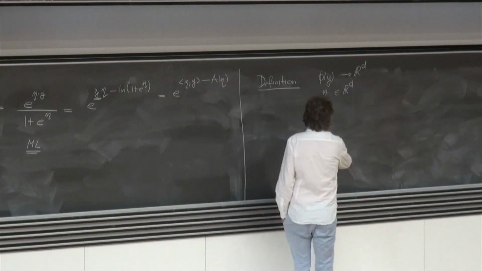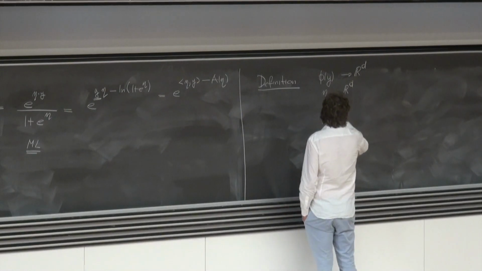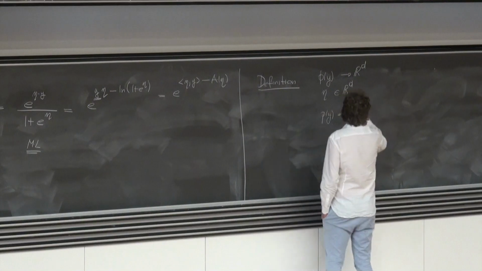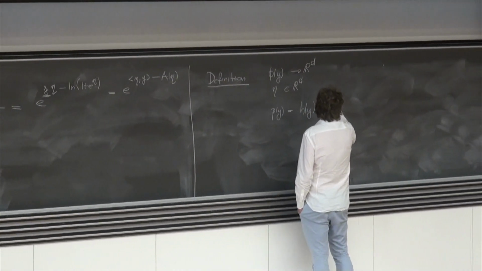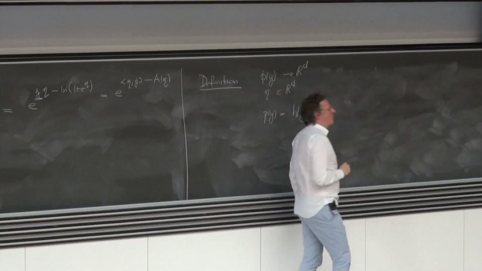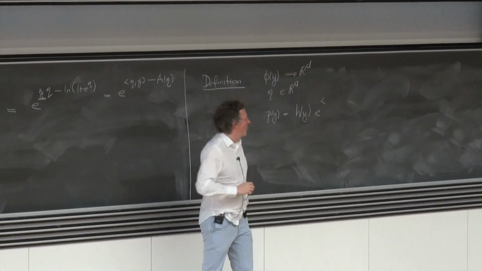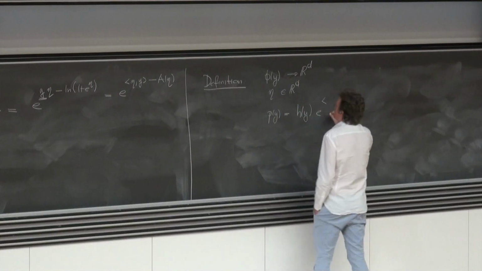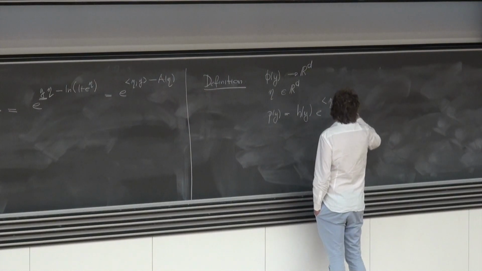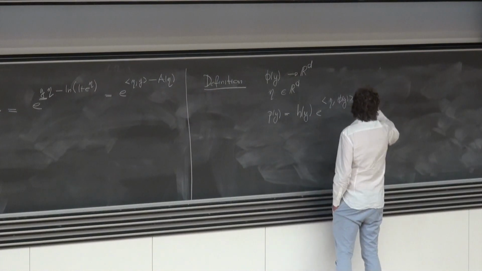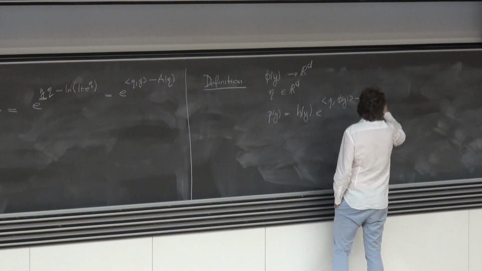Then the p of y is of the form h of y times e to the, and let me first write it as this inner product. Later on I will just write it in the standard way, but you find this often in the literature written like this: eta times phi of y minus A of eta.